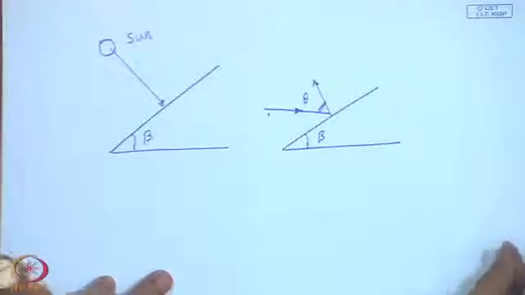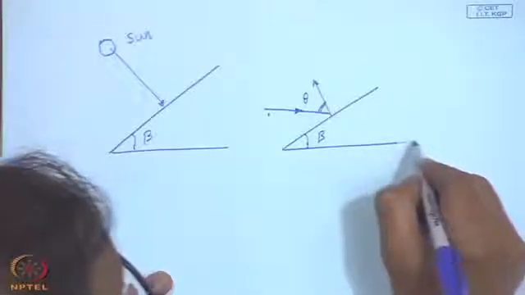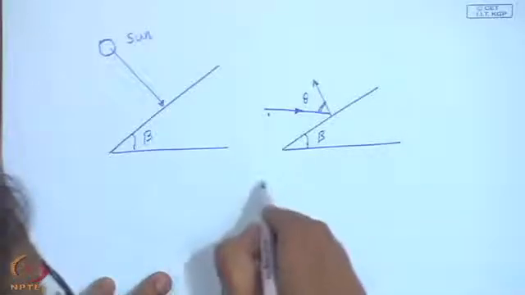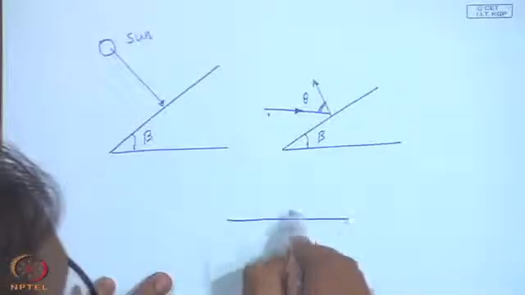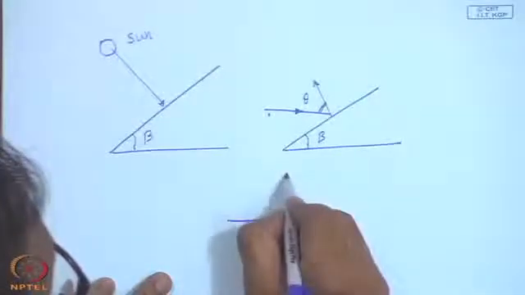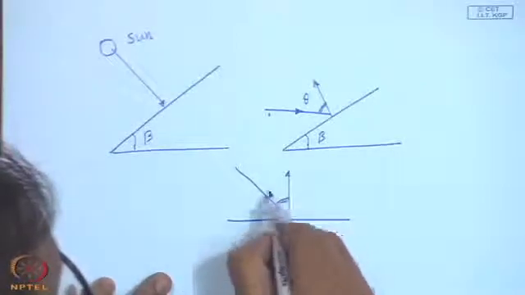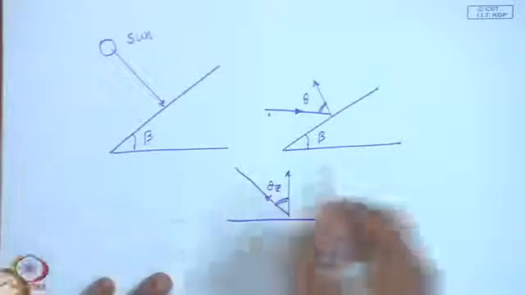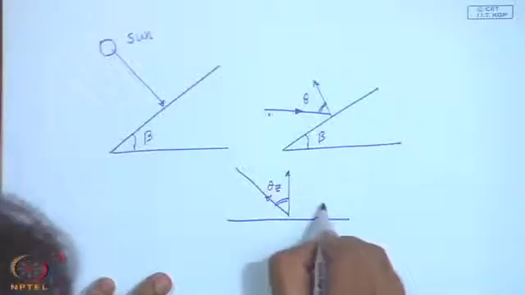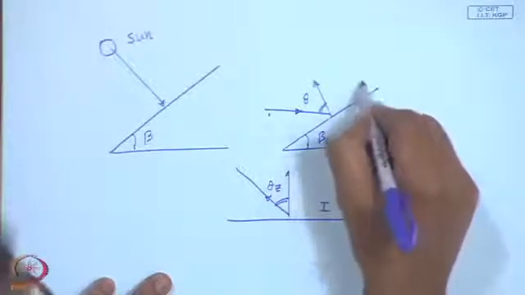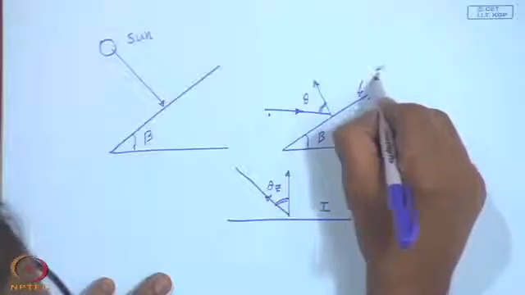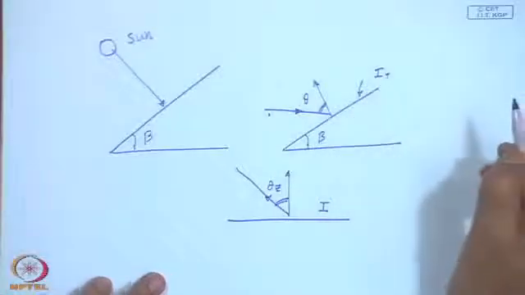Okay. So, what I have got is measurements on a horizontal surface with the sun's rays making an angle theta z. So, this is my I, this is my I on the tilted surface.